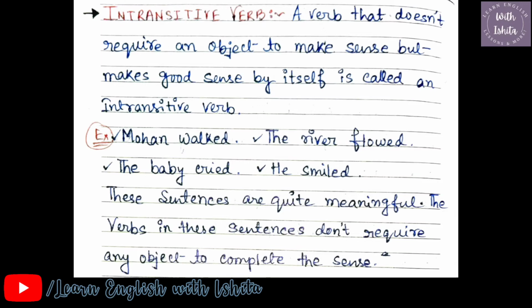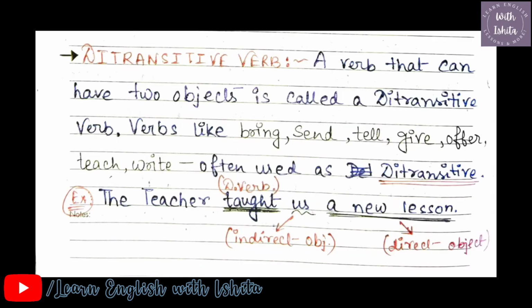For example, Mohan walked, the river flowed, the baby cried, he smiled. These sentences are quite meaningful. The verb in these sentences doesn't require any object to complete the sense. That is an intransitive verb.